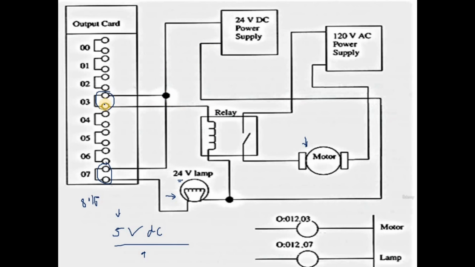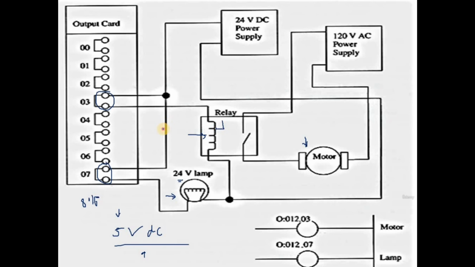So here you can observe the third terminal and the 7th terminal, which we have connected to the relay. Means if we are getting the output from the CPU, we are using that 5-volt DC output to trigger the relay coil.